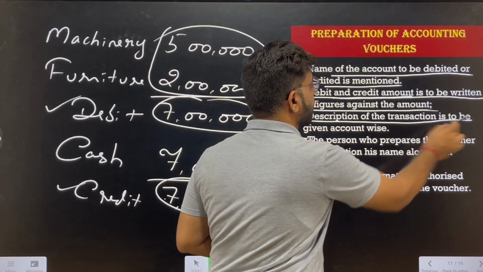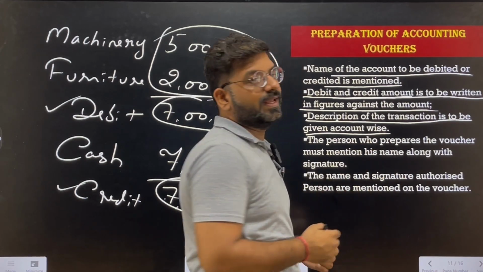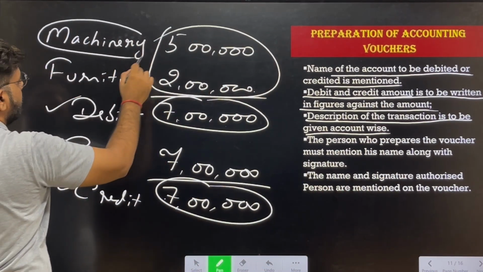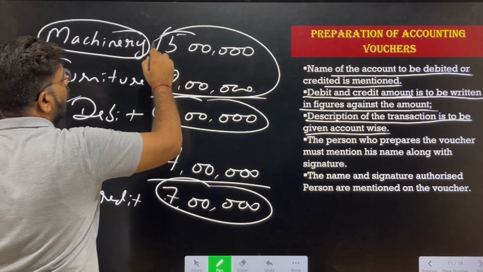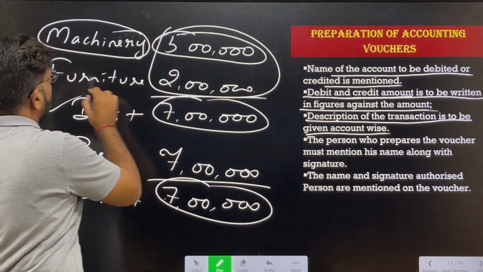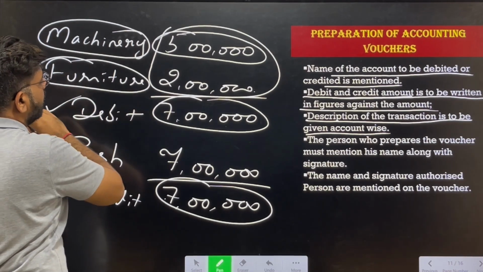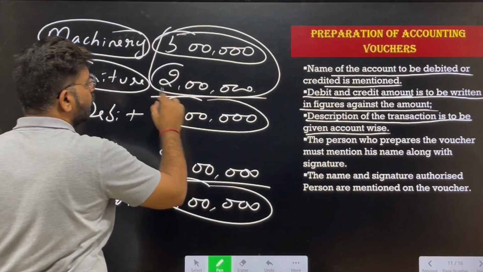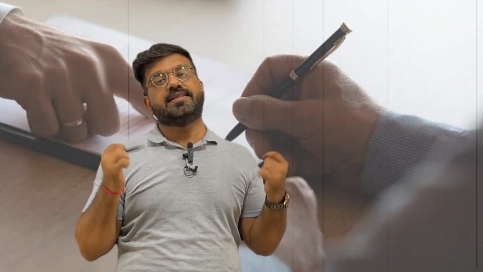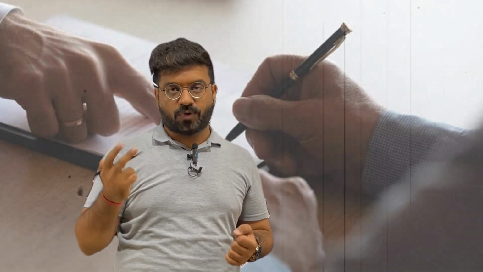Next, the description of the transaction is to be given account wise. As to description, what type of machinery is being purchased and how many quantities of machinery have been purchased for rupees 5 lakhs. What type of furniture and quantity have been purchased for rupees 2 lakhs. Every description has also to be given in the voucher itself, so that two things are possible.